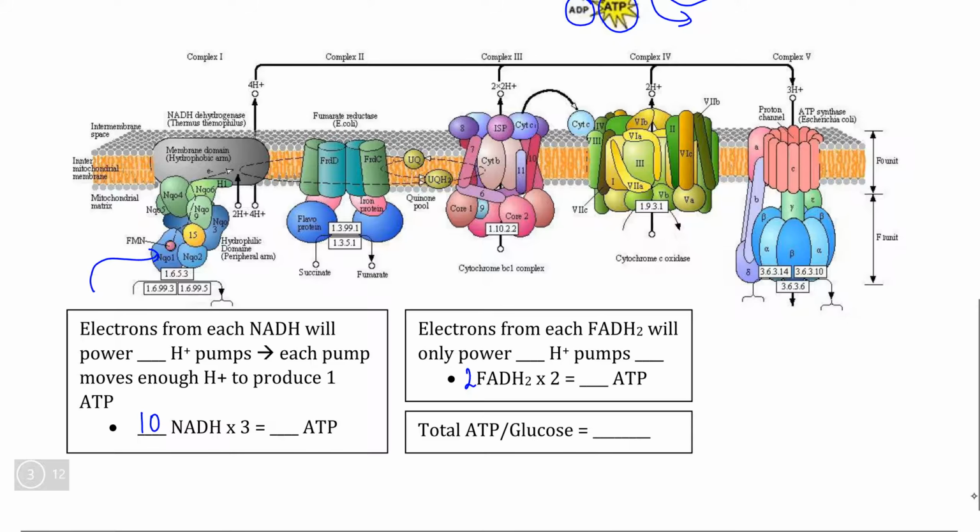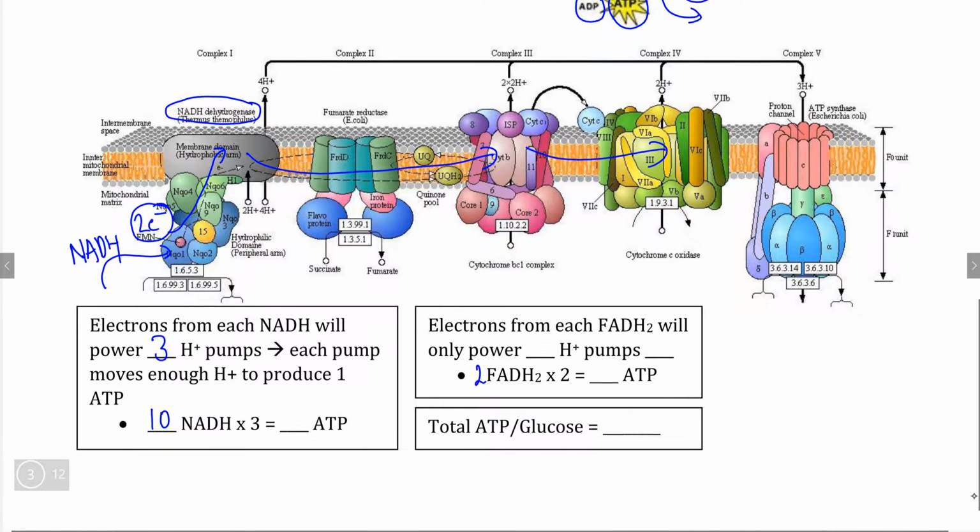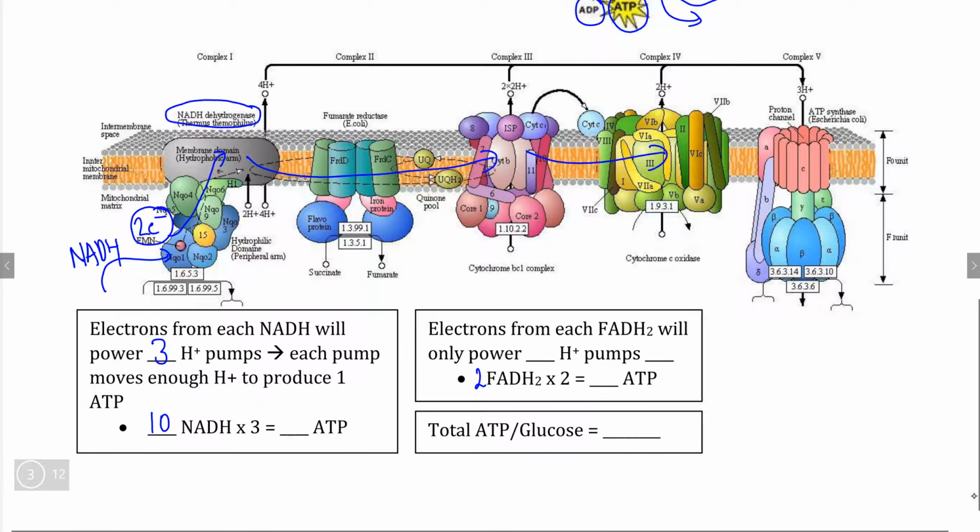Now remember that NADH is able to react with the enzymes in complex 1, because this is, after all, NADH dehydrogenase, which means that the electrons released by NADH will stimulate 1, 2, 3 of the transport proteins within the electron transport chain, and we say that every time electrons pass through, enough H+ is transported by each of the H+ transport proteins to produce 1 ATP.